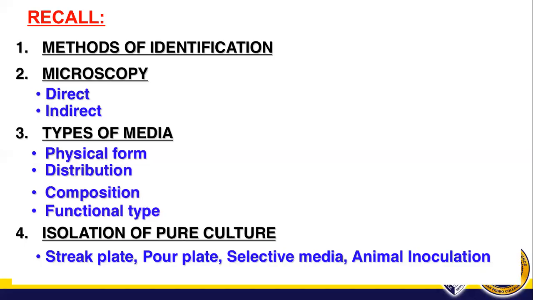For semi-solid, we stab them. For solid tube media, we can stab and streak our culture media. And that ends our discussion for part 1, methods of identification.